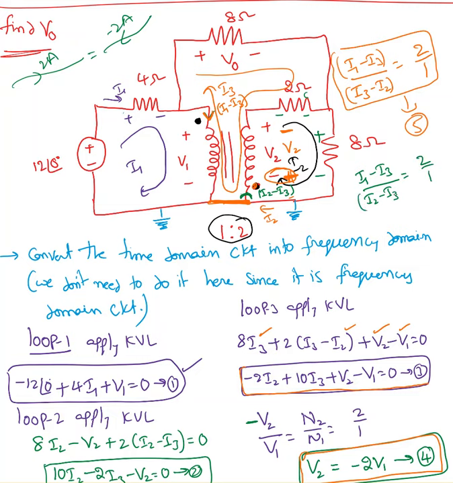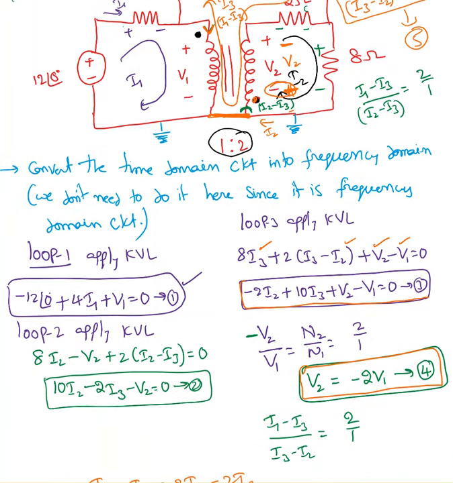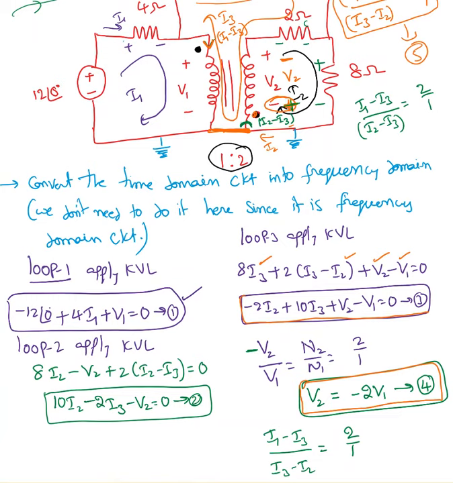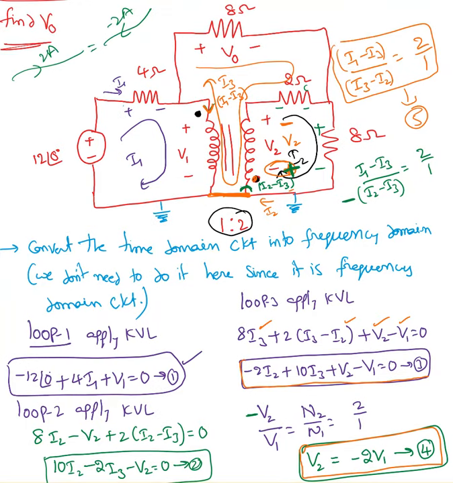Now I need to find whether it is positive or negative. Current is entering the dot. The dotted terminal must be positive, and the current is supposed to leave this positive terminal. But current is entering there, so it's going to be negative. So if you look at here, these two are saying the same thing. It doesn't matter which direction you take for your secondary current, you will end up with the same equations.